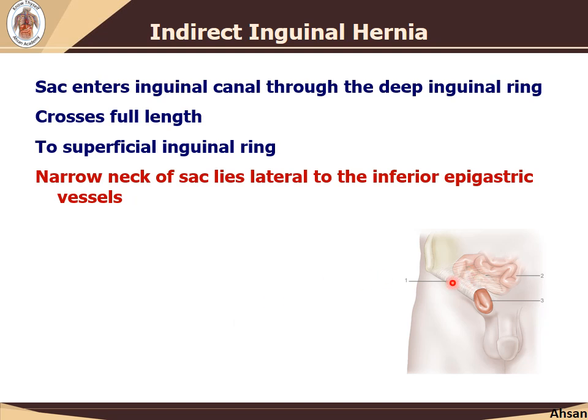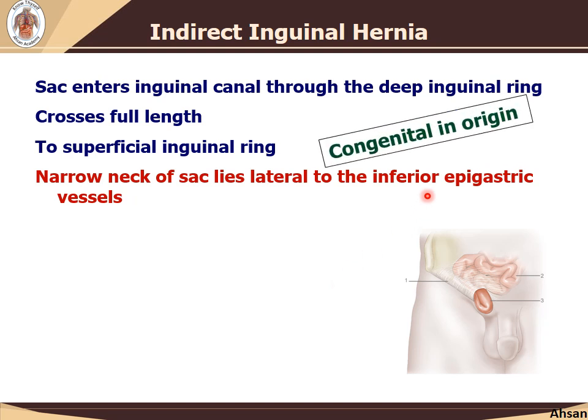It has a relatively narrow neck, and the neck is lying lateral to the inferior epigastric vessels. This is an indication, because with time, when this area is distorted, it becomes very tough to identify whether it is direct or indirect. But looking at the vessel, you can easily confirm that this is indirect inguinal hernia.